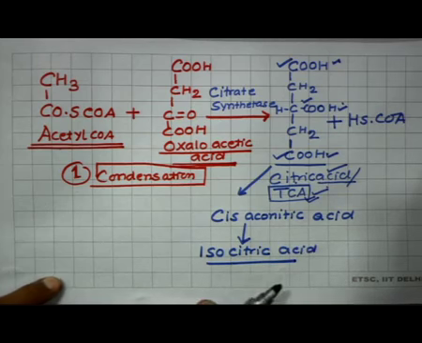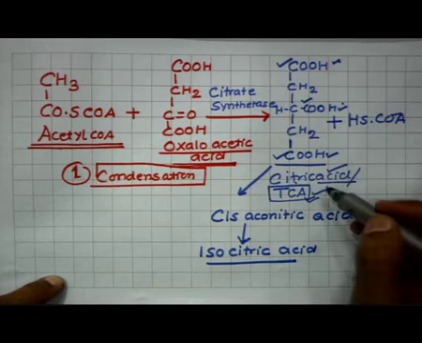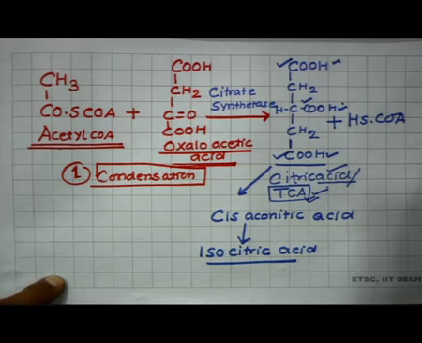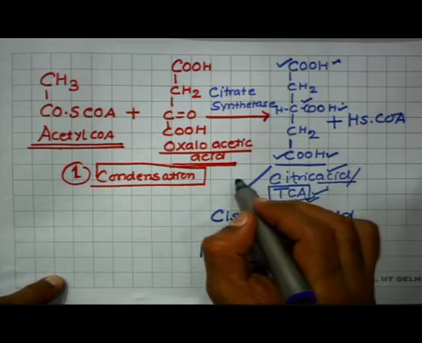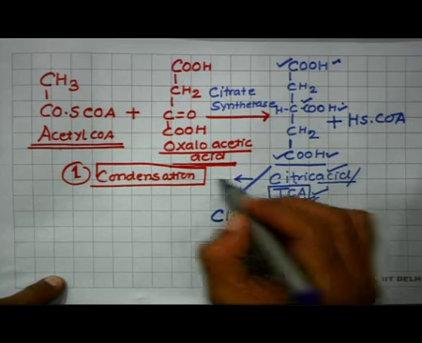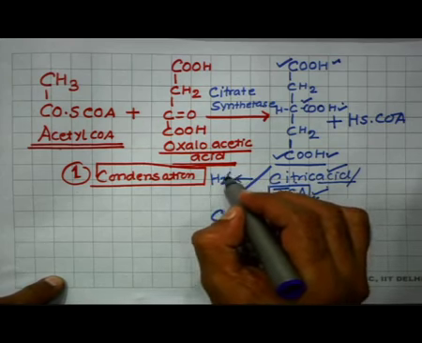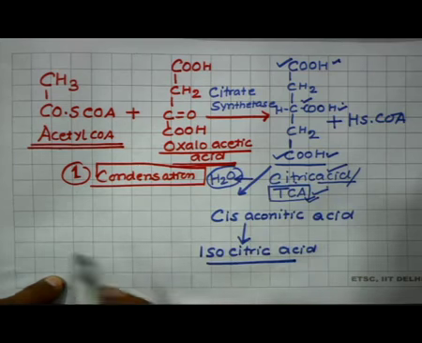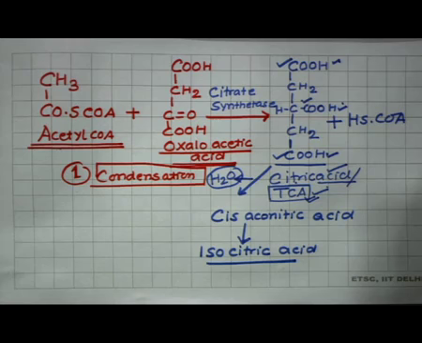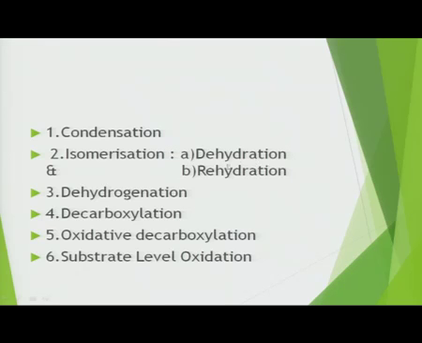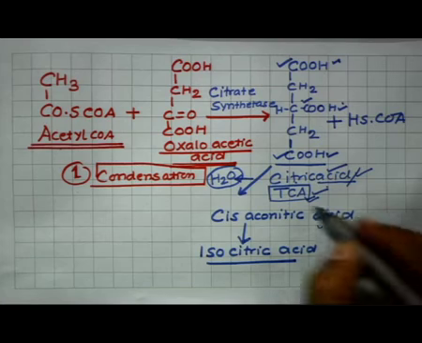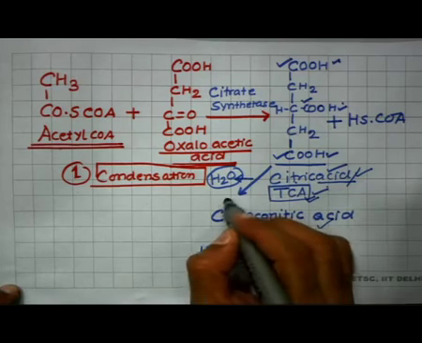At the time of conversion of citric acid into cis-aconitic acid, water is released. So, this process is again called the sub step of the isomerization, that is called dehydration, where citric acid is converted into cis-aconitic acid, and the enzyme involved here is aconitase.